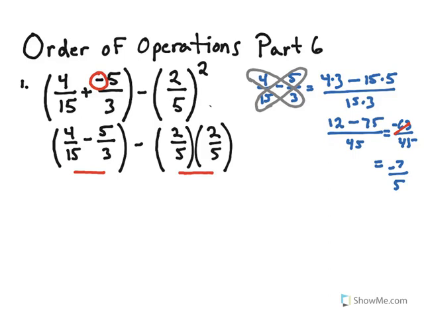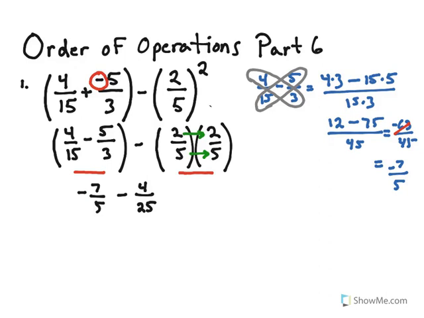So we can go ahead now and put -7 over 5 minus, and then don't forget, we can go ahead and multiply these two together straight across. Okay? So that's going to equal 2 times 2 is 4, 5 times 5 is 25.